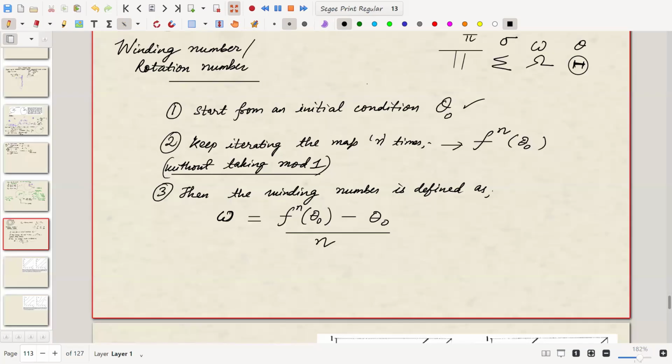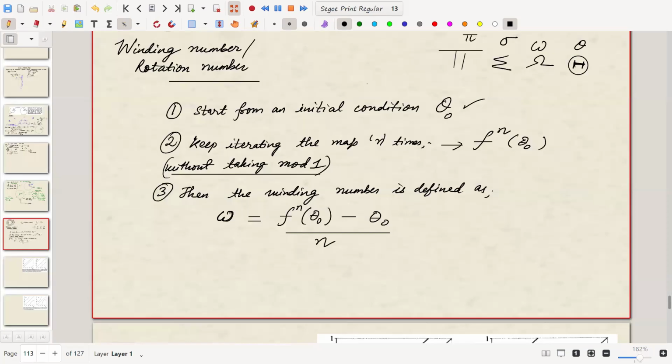So why did we add this, why no mod 1? Actually, as in the book, this is not the actual definition. We have to take the limit. I can go for infinite iterations, a lakh iterations, a crore of iterations, millions, billions.